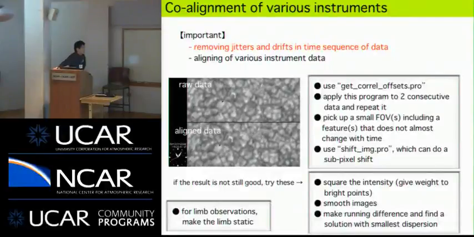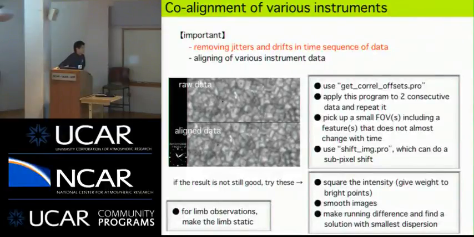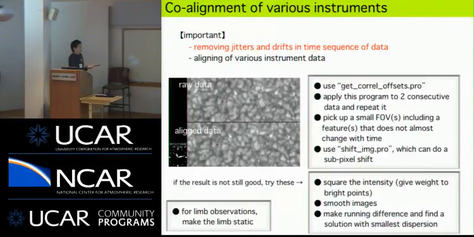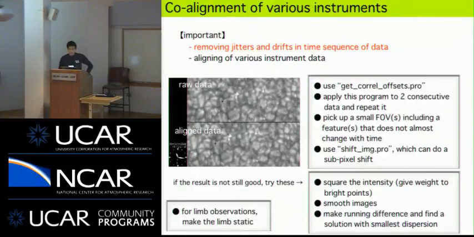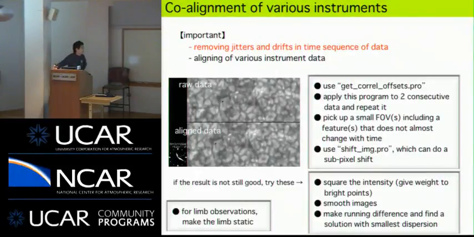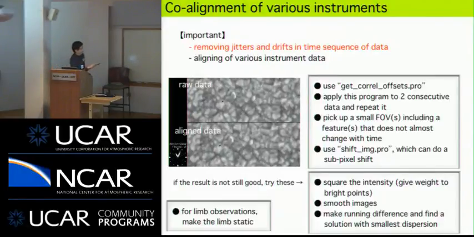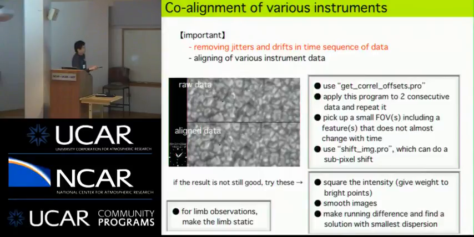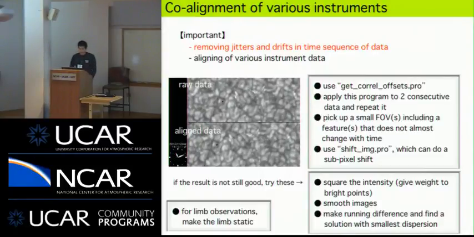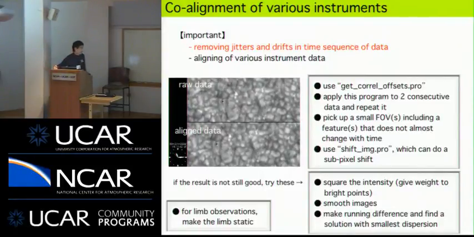So how to do? I usually use this IDL command, get_correl_offsets.pro, developed by Ted Tarbell et al. And this is an example movie. This is without the program, and this is with the program. You can find a clear movie like this.